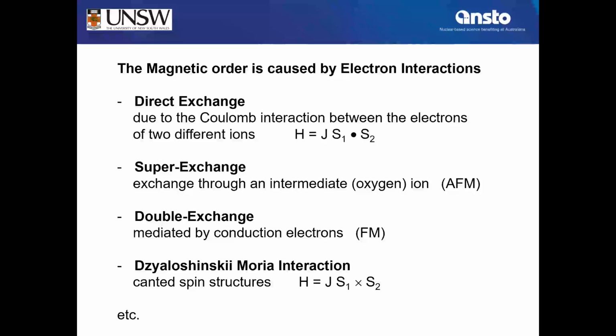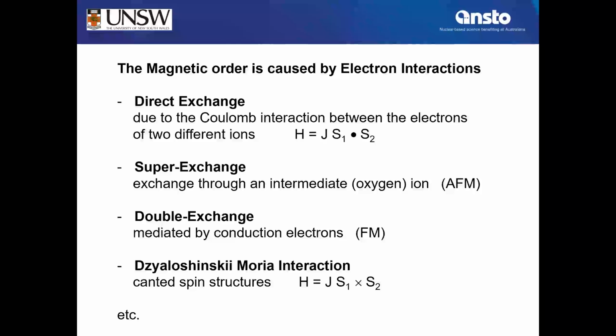Already in a hydrogen molecule, you have that term, and it causes a parallel or anti-parallel alignment of the spins. That's indicated by the scalar product here. In transition metal oxides, there's an intermediate oxygen ion in between, and that's actually sometimes even stronger than the direct exchange.